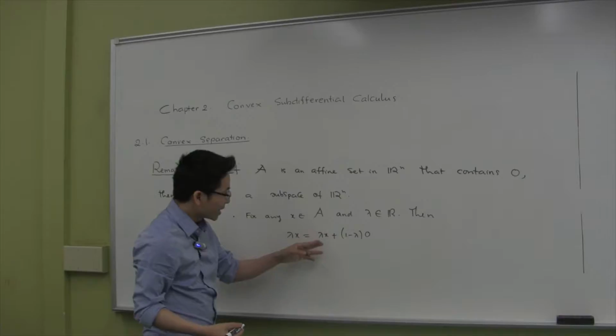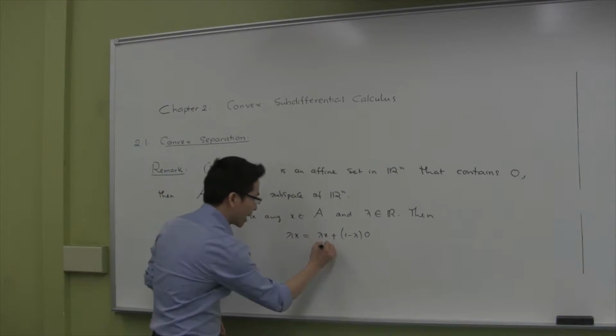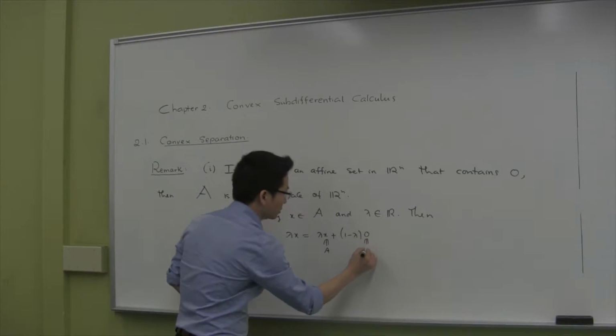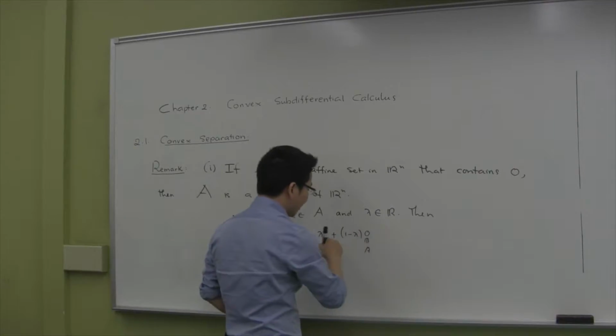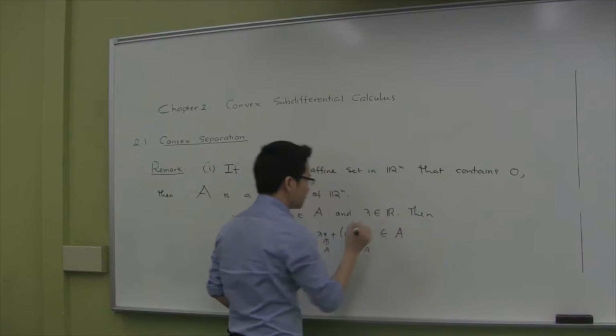By the definition, because A is an affine set, x belongs to A and 0 also belongs to A by the assumption. Therefore, this affine combination belongs to A.